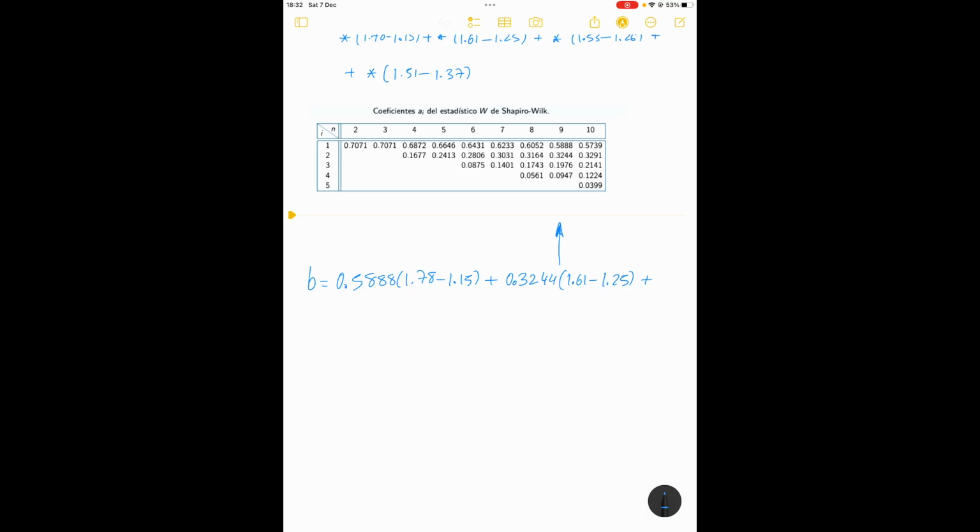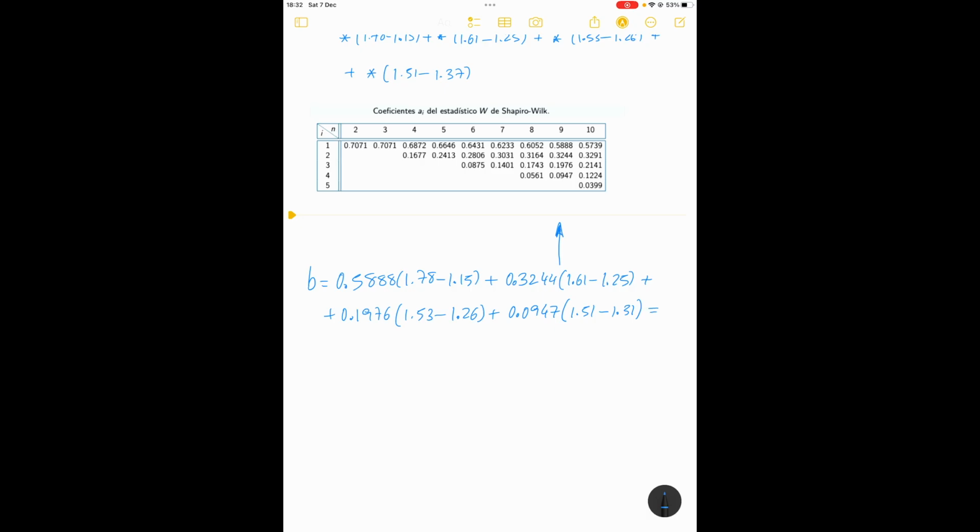We continue like that, plus 0.1976, and the next one, 1.53 minus 1.26, plus finally 0.0947 times 1.51 minus 1.31. Remember, we have one extra point there that we don't do anything with.